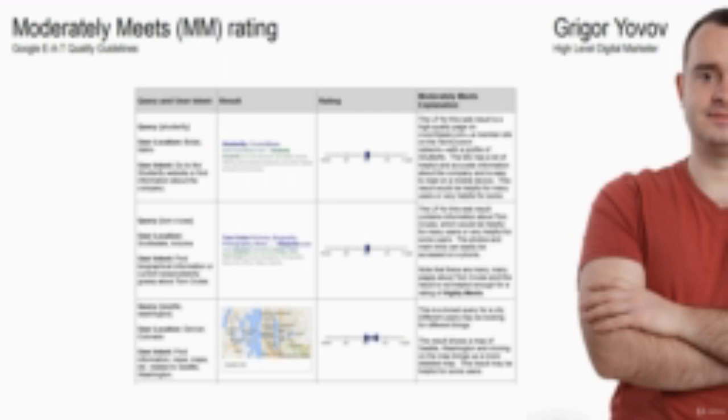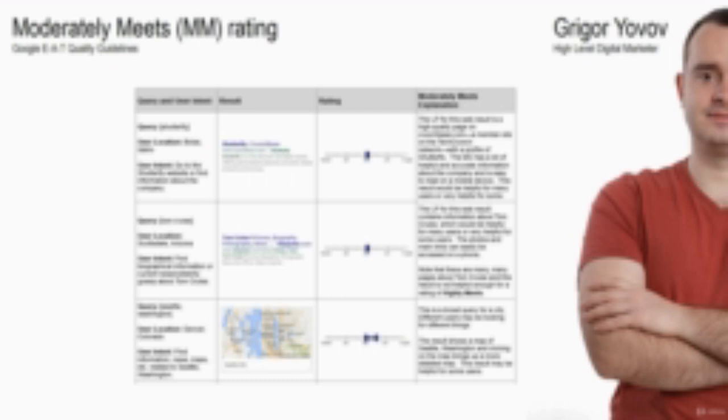The first one is the query Shutterfly and the user location Boise, Idaho. User intent: go to the Shutterfly website or find information about the company. You can see the explanation why this result from crunchbase.com is rated moderately meets: the LP for this web result is a high quality page on the Crunchbase member site on the TechCrunch network with a profile of Shutterfly.